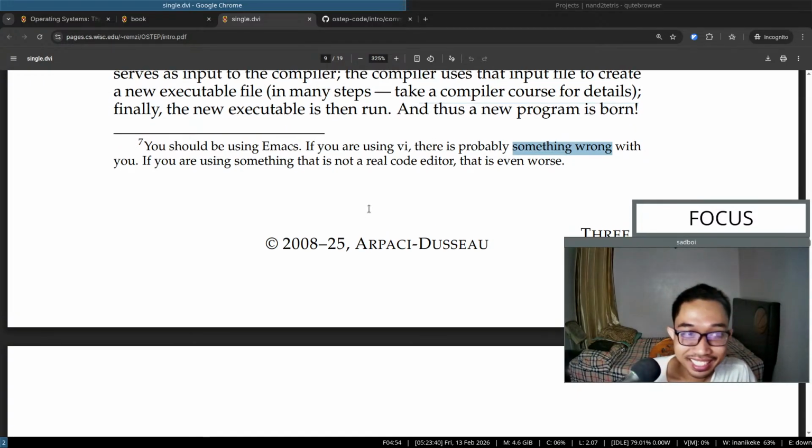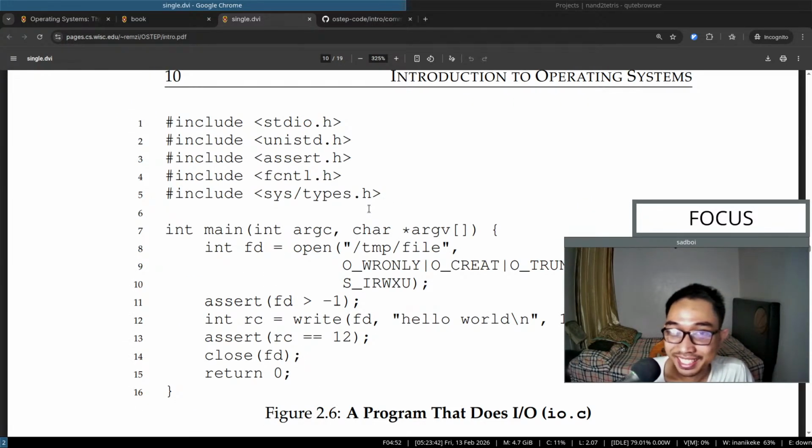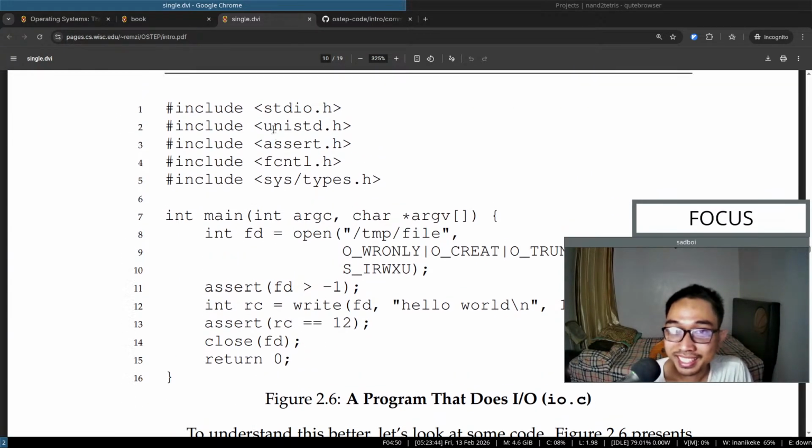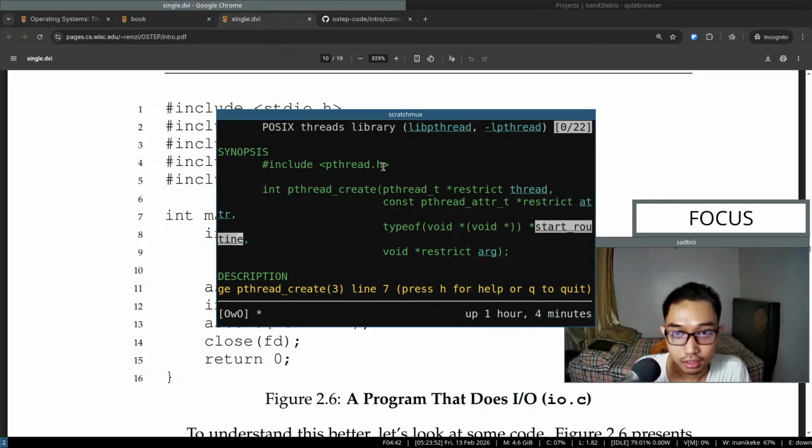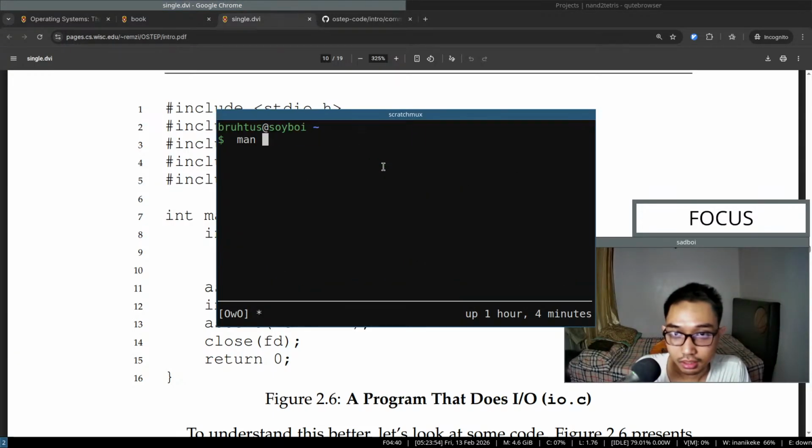Okay, good. Okay, this one. Oh, fcntl.h, interesting. What is that?